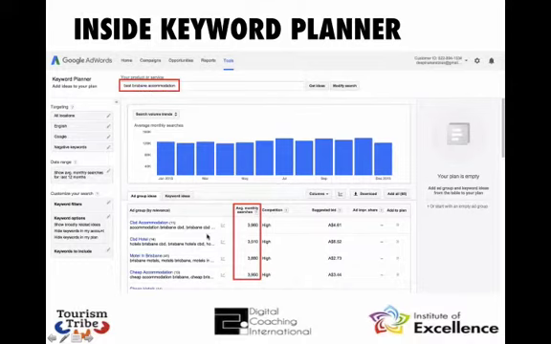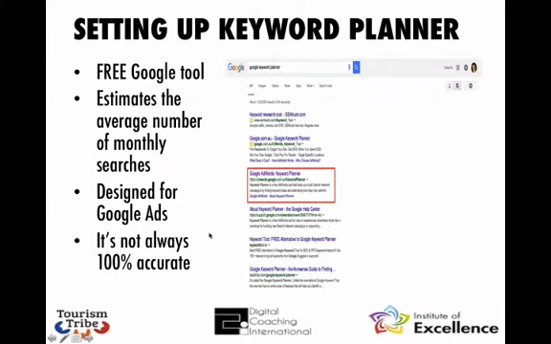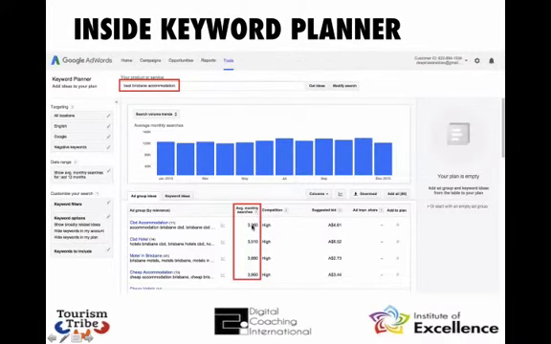And if you see just below there where I've highlighted here, average monthly searches, you can get further grouped search terms that it gives you. So, for example, CBD accommodation has had an average monthly search of almost 4,000 searches.